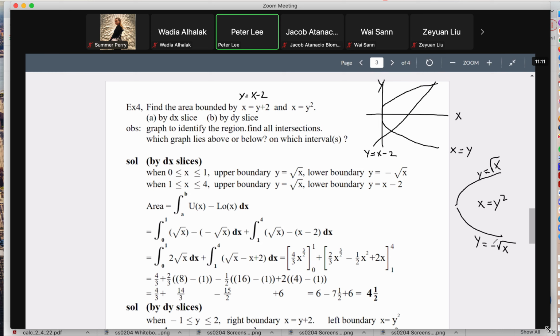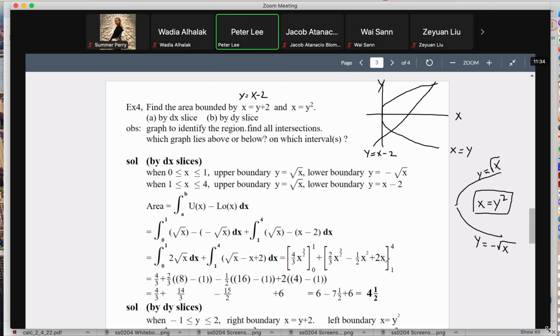Once again, the bottom half is y equals minus square root of x, the top half is y equals plus square root of x. And x equals y squared is the graph of 2 pieces combined. So when you combine the 2 pieces, that becomes x equals y squared. We have to know this on this problem.